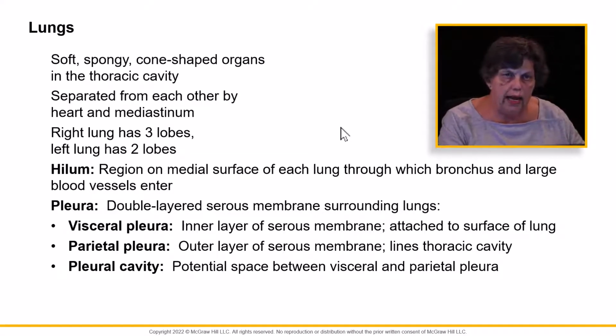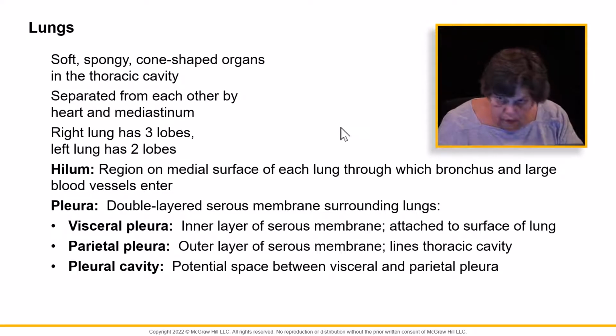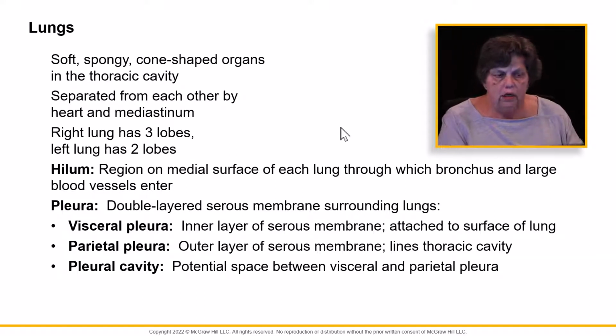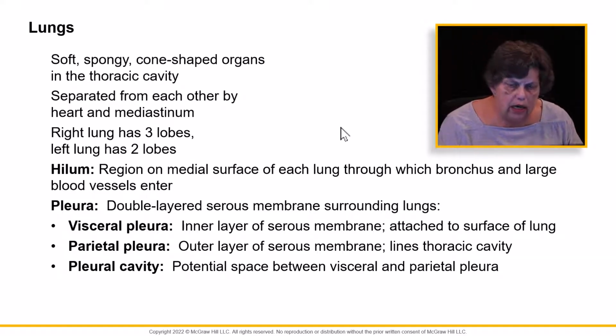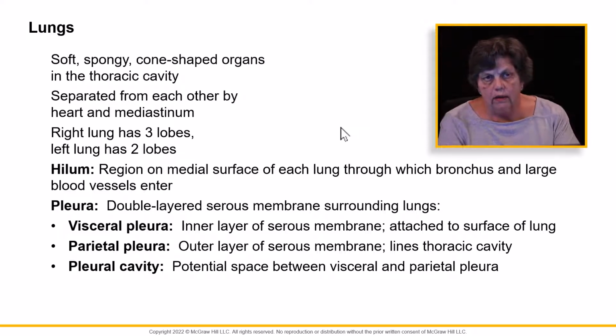So we had visceral pericardium. Now we have visceral pleura for the lungs. We have parietal pleura, which is that outer layer that lines the thoracic cavity. And in between, we have pleural fluid in the pleural cavity.